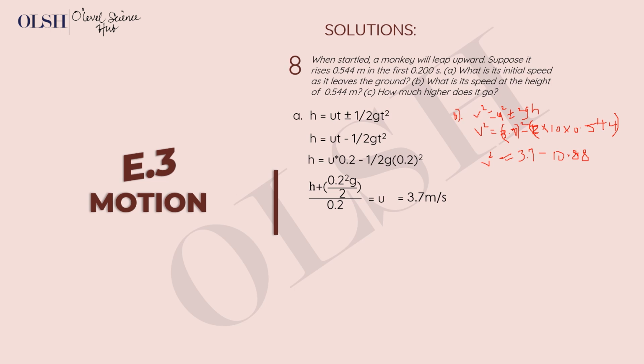So 3.7 squared minus 10.88 would give us 2.81.